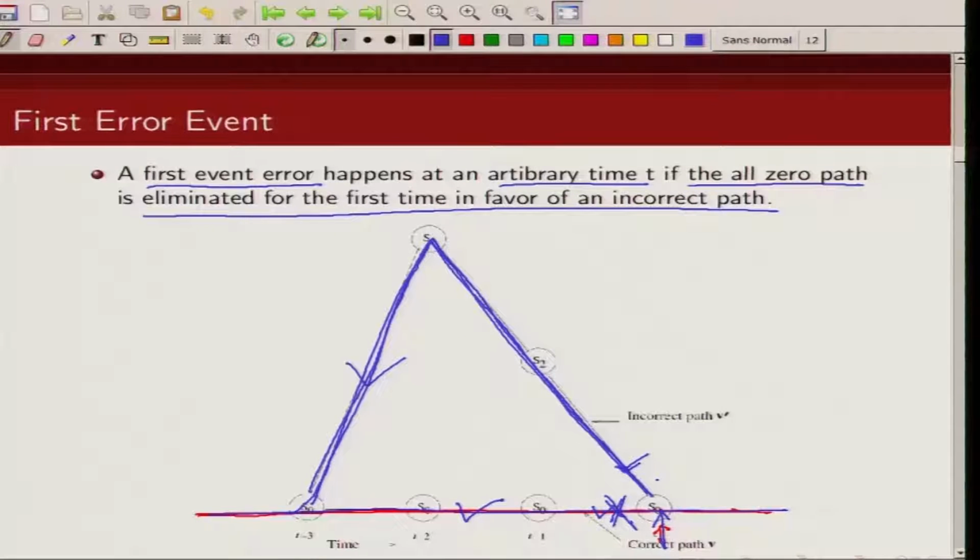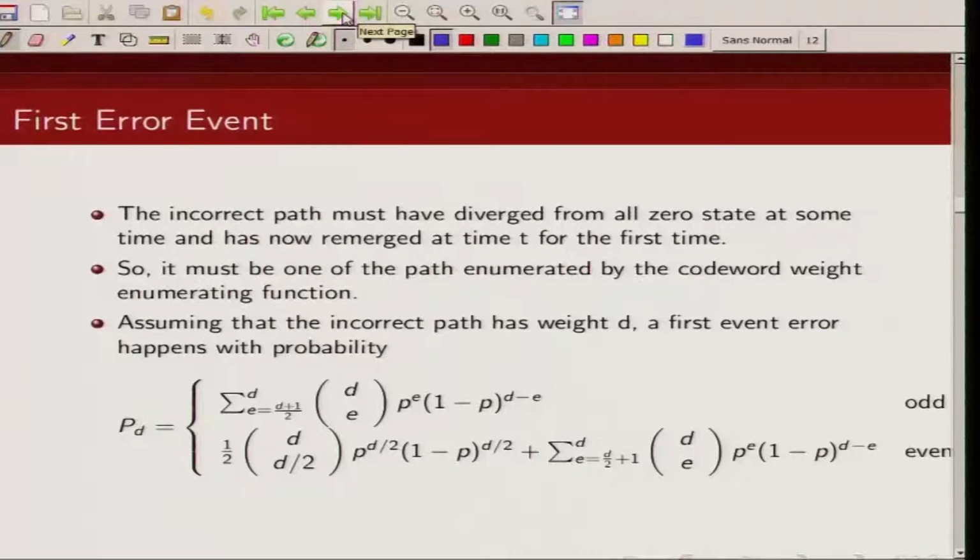Then of course, when the error is more than 4 bits, you will decide in favor of this path, and whenever the error has happened in 4 bit locations, there is an equal probability that you can choose either path. So, we can calculate the probability of this first event error.